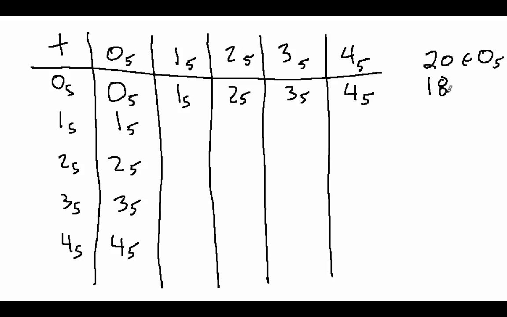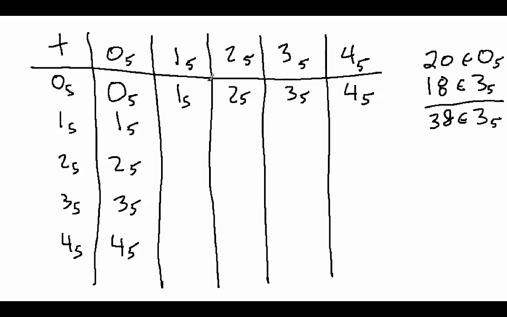If I divide 5 into 18, 5 goes into 18 3 times with a remainder of 3. So this is contained in 3 sub 5. And if I add those two numbers together, I get 38. And according to my table here, that's going to be contained in 3 sub 5. Well, 38 is 7 times 5 plus 3. So that seems to work.